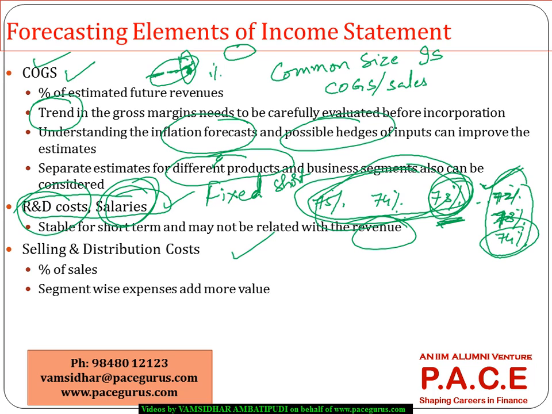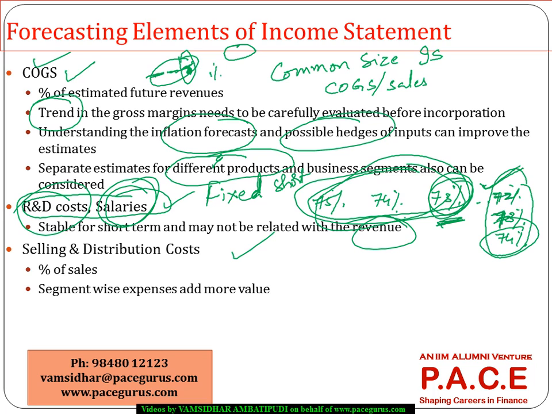Whereas when it comes to the other expenses like selling and distribution, marketing and selling kind of costs, what we see is they are directly linked up with the revenue. If I have to sell more, I have to spend more on marketing people, I have to spend more on advertising. So these kind of costs are directly linked up with the sales.